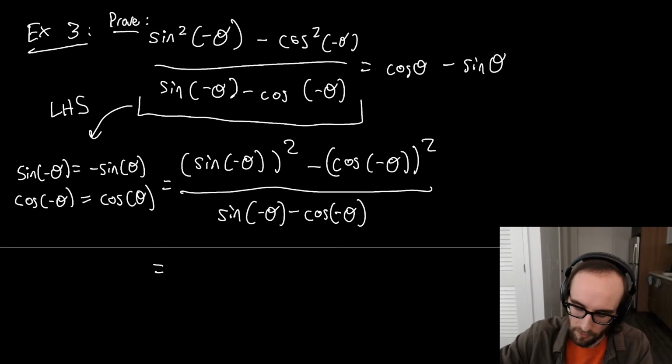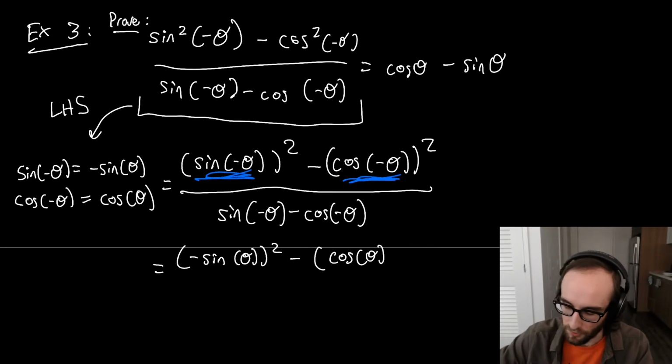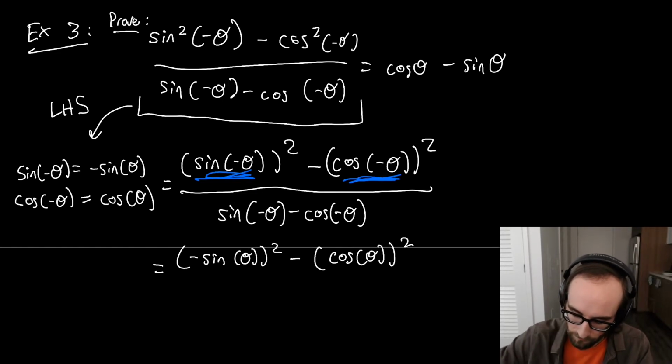So what we're doing here is we're replacing the sine of negative theta and the cosine of negative theta using those even odd properties. So negative sine of theta squared, and then we have minus cosine of theta. Cosine of negative theta is equal to cosine of positive theta squared, all over that same denominator.